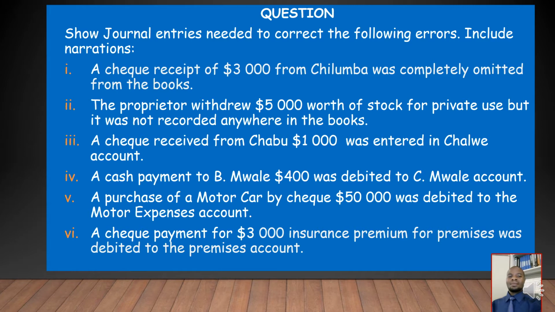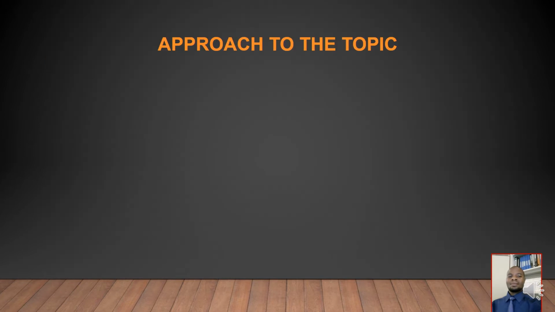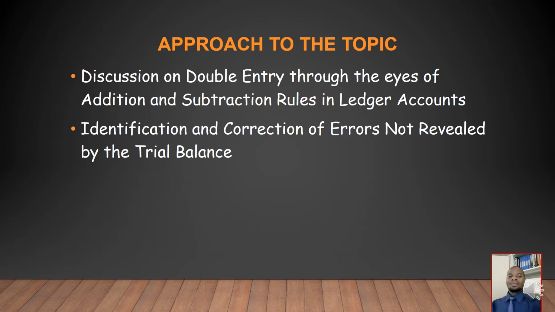So how shall we progress? What shall be our approach to these errors? We shall approach this topic in this way in order for us to have everything simplified. Number 1, I want us to discuss the double entry principle through the eyes of addition and subtraction rules in ledger accounts.